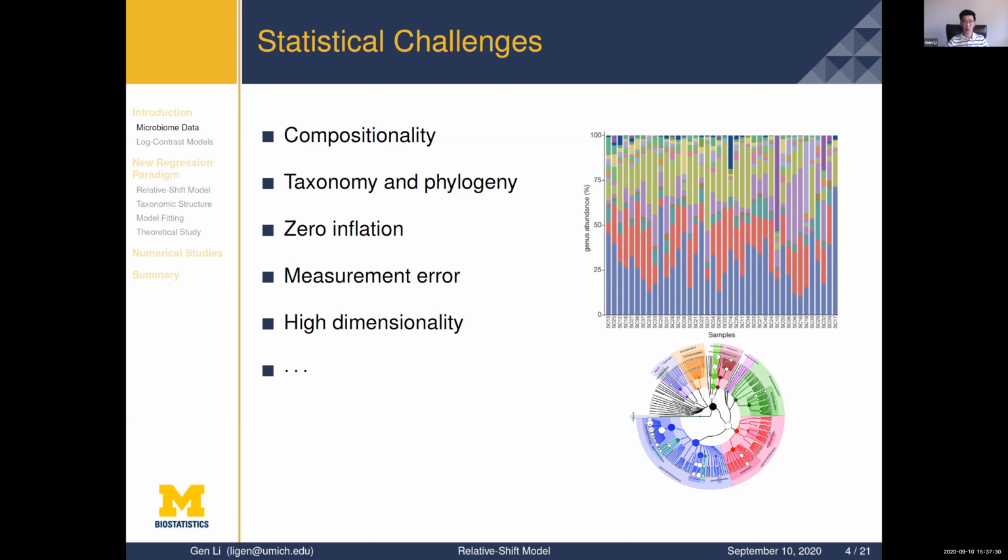Also, the data is measured with a lot of error, and the dimensionality of the microbes usually far exceeds the sample size. All these present unique challenges to microbiome analysis. So we cannot simply apply the standard linear regression to this microbiome data and get what we want. We have to come up with some new ideas.